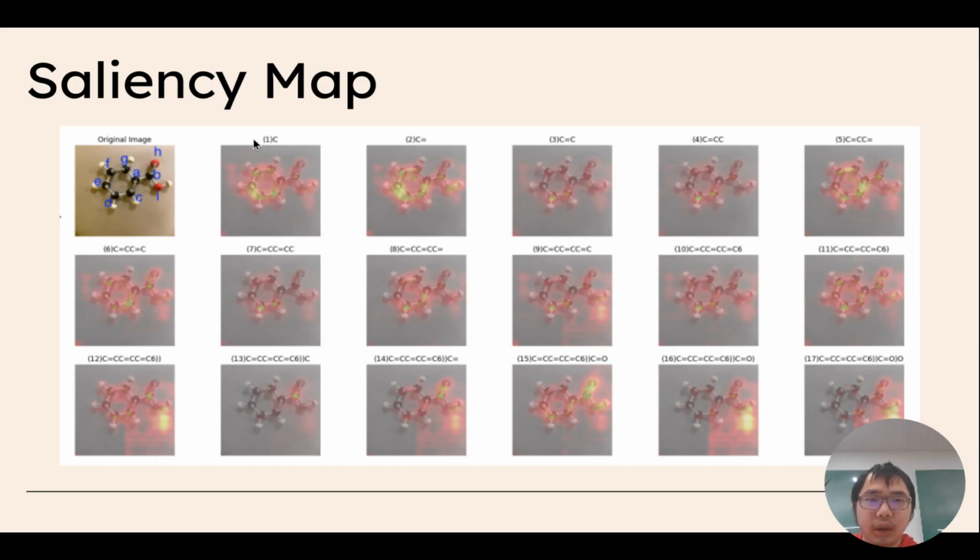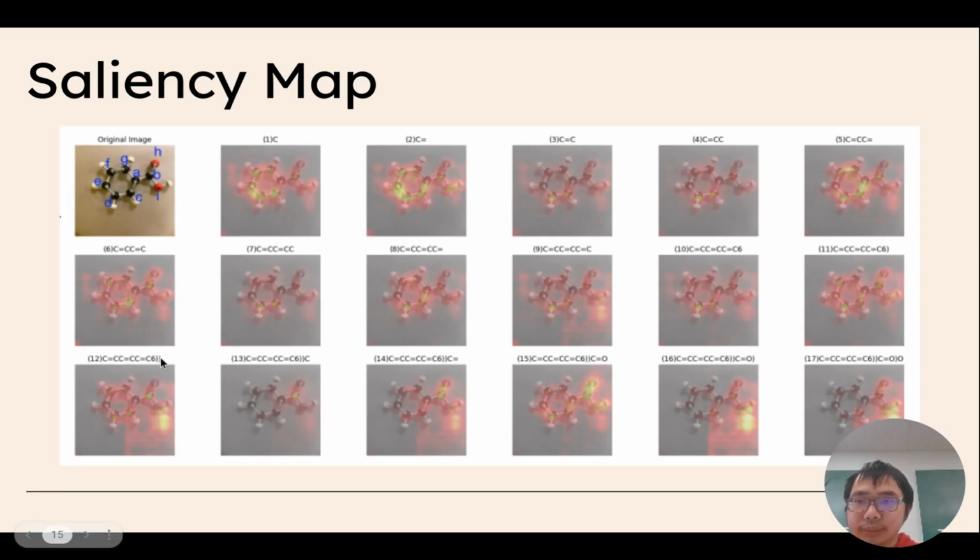Carbon is C, oxygen is O, and the equal sign means double bond. We can see the first time it outputs the token, it focuses on the carbon atom, and the double bond is here on this double bond, and then another carbon it focuses on here, another carbon here, and all the way to here with this parenthesis, that means closing a ring. So basically here it is closing the ring, so you pay attention to almost everything.